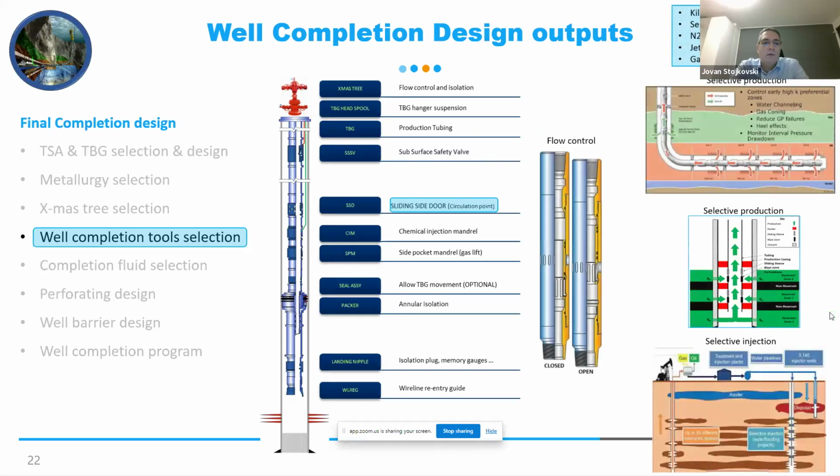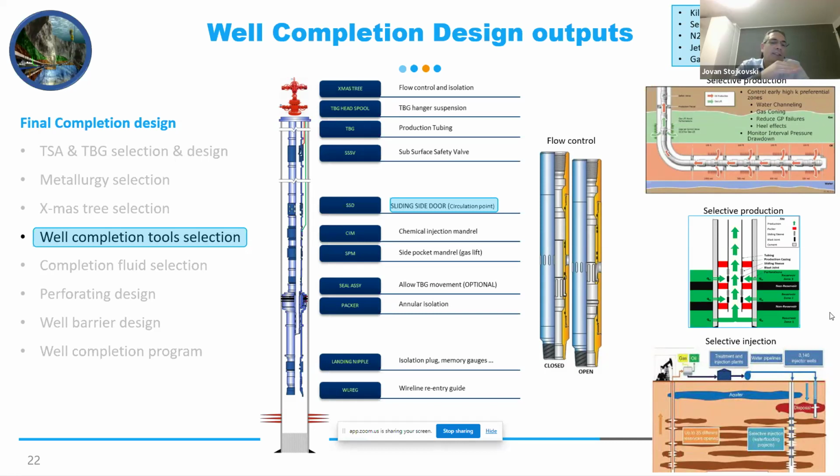Going further on our well completion tool selection, as I mentioned several times, the sliding side door. We are using the sliding side door in case we want to kill the well, to not expose our reservoir to the completion fluid or killing fluid.